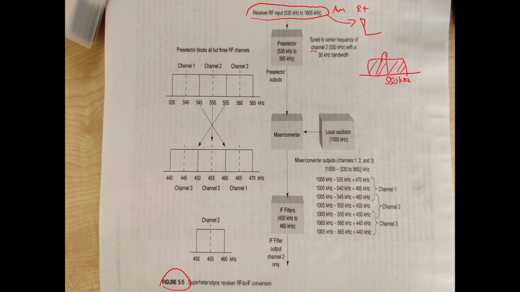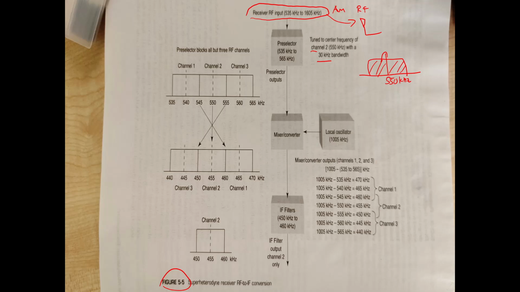Within this 30 kilohertz there are about 3 channels. Ini cuma example. It does not mean that it needs to be 3 channels, but in this example it consists of 3 channels.